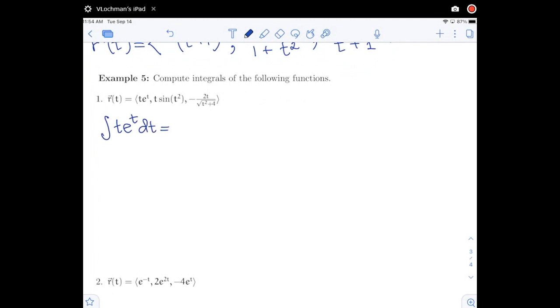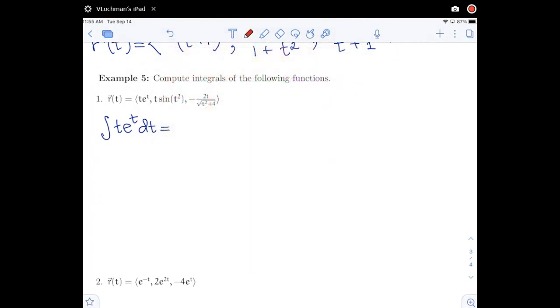This is one of those popular examples that we discuss when we talk about a very specific method of integration. Do you guys remember how to integrate this one? T e to the t. What is the method? This one is done by parts.